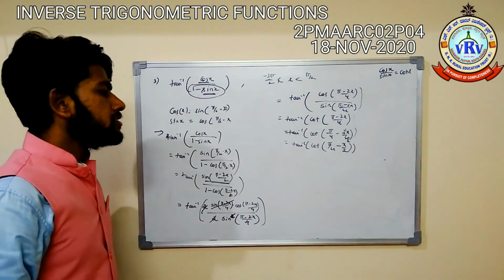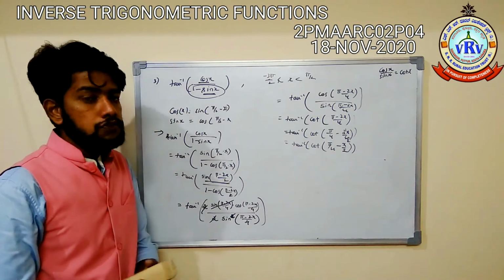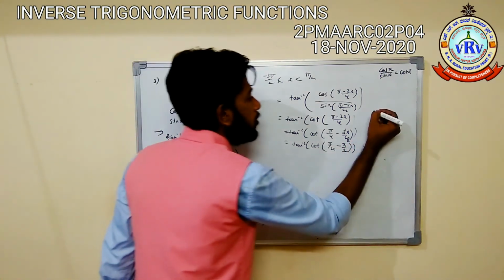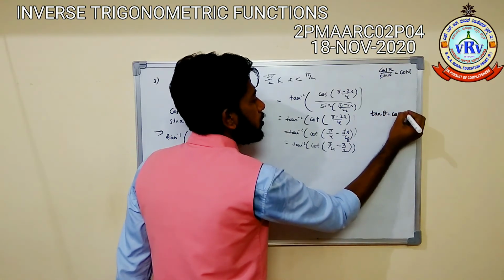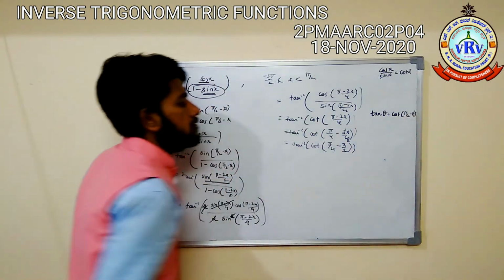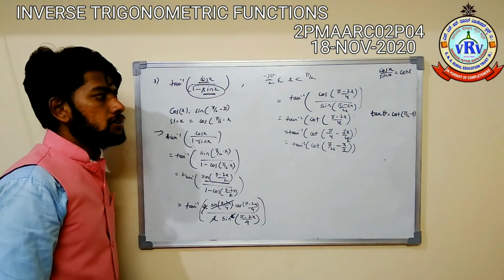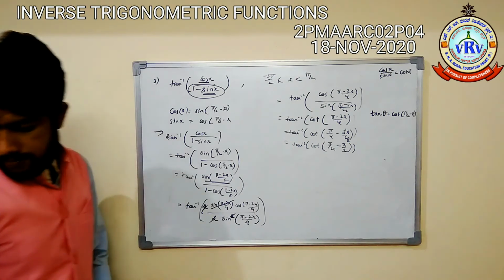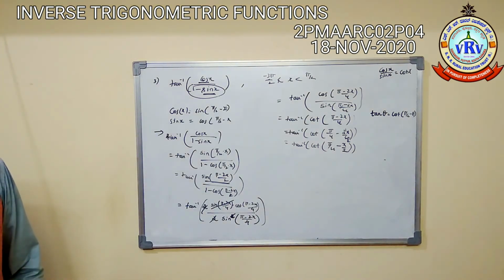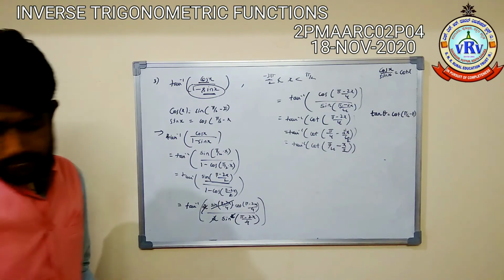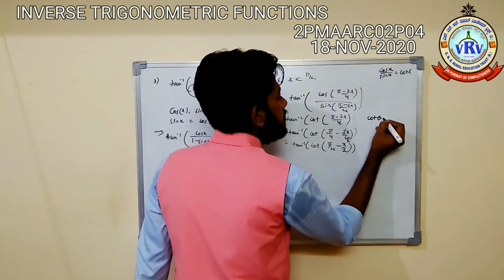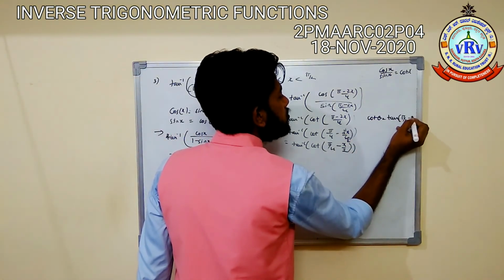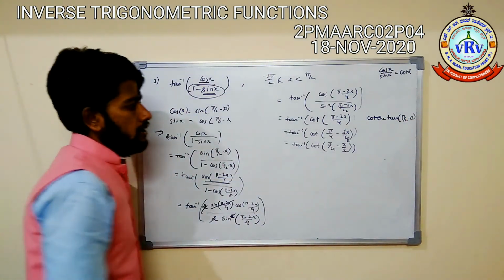Now it is simple to convert the cot function to the tan function. We already know cot theta is equal to tan of (pi by 2 minus theta), right?